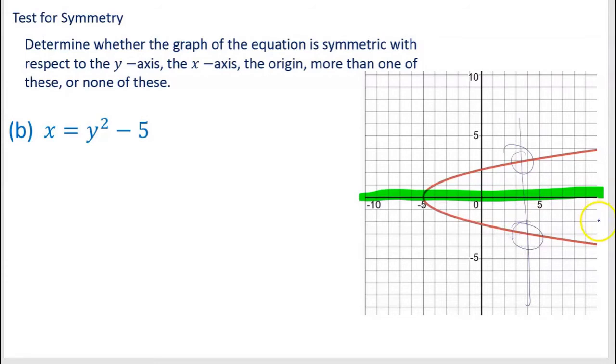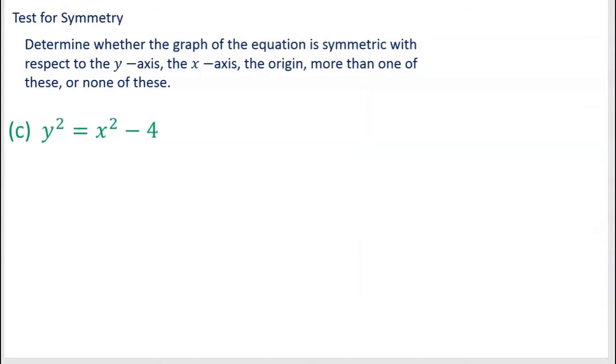So any graph that is symmetric about the x-axis is going to fail the vertical line test, in general anyway. Therefore, this is not a function. So we won't be talking about anything that has x-axis symmetry in terms of functions. But again, y-axis symmetry does define a function, and we have a special name for that, and those are called even functions.